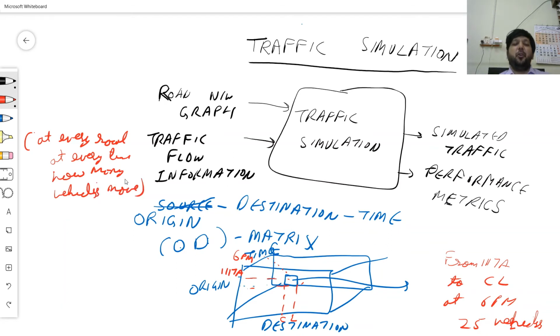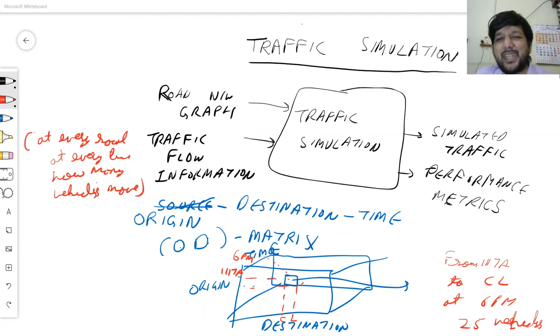So what's the flow at every road? How many vehicles move at every road? That's the kind of information that I'm looking at. At every road, what's the flow information? And that's something that I'm trying to look at in this system.